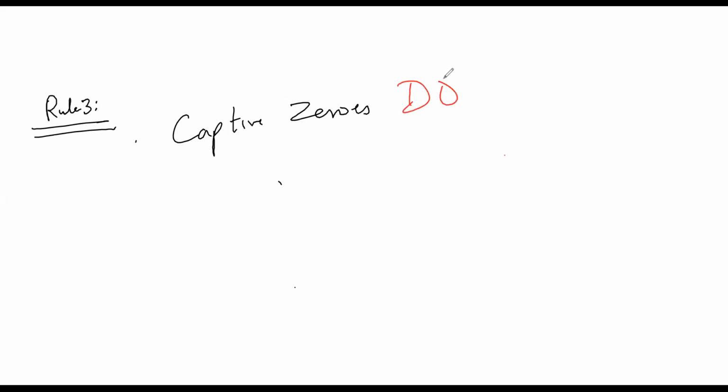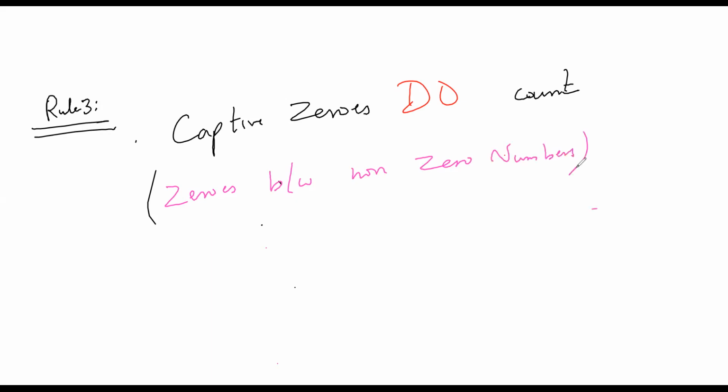Rule number 3. Captive zeros do count. You can write zeros between non-zero numbers. Example, 1502.